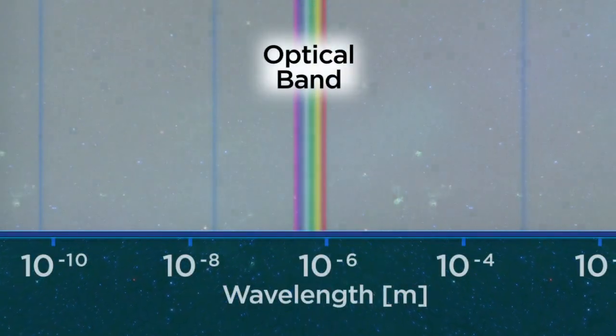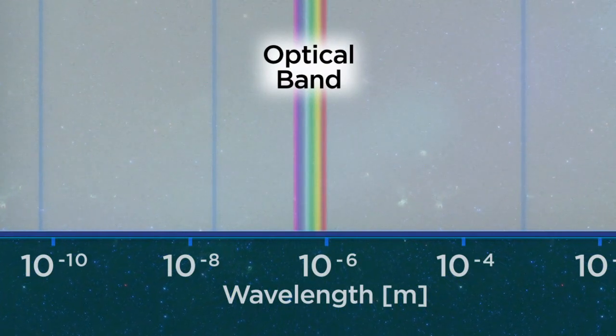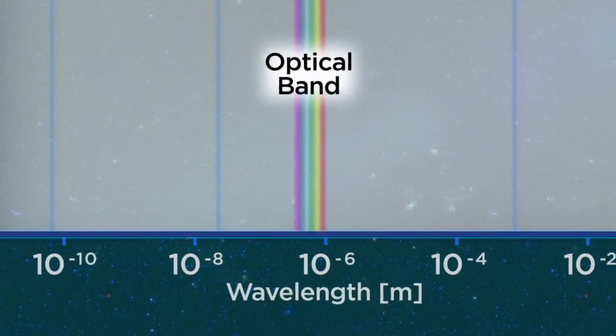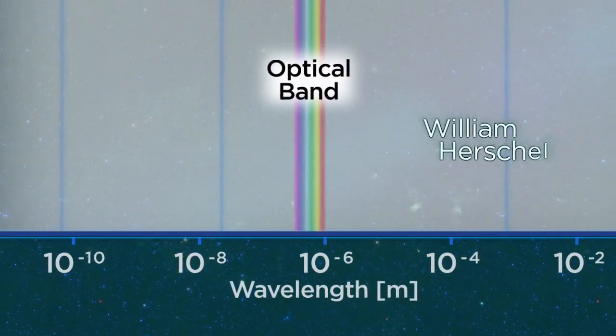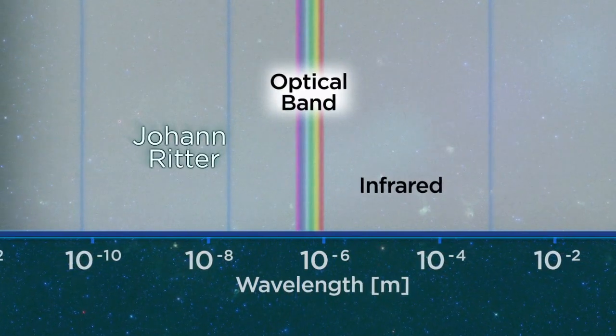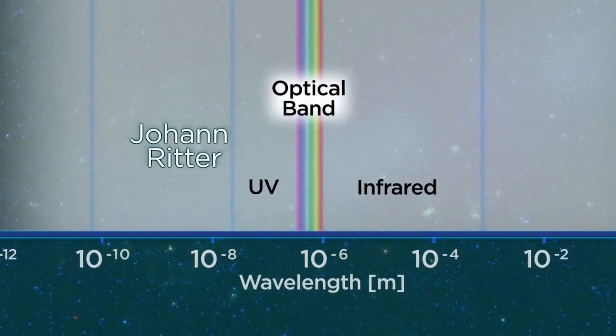Now, let's return to the electromagnetic spectrum and recount a little history. Until the 19th century, all astronomy was confined to the optical band. Just after 1900, William Herschel discovered infrared radiation, and Johann Ritter discovered ultraviolet.